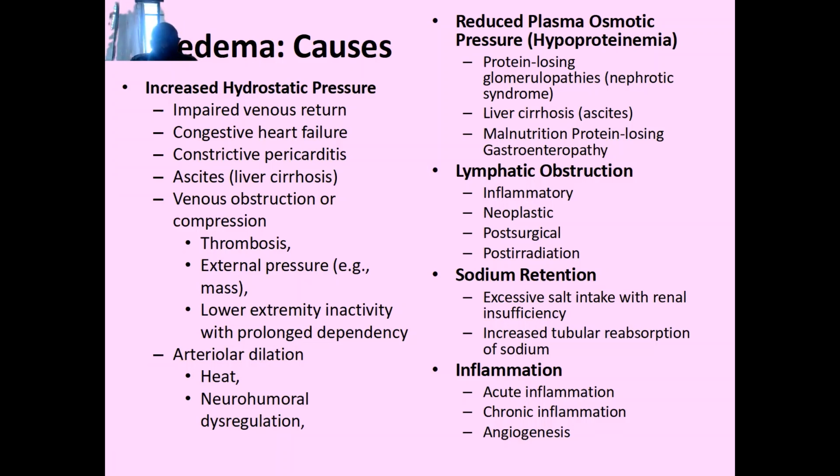If there is lower extremity inactivity with prolonged dependency, for example, if the varicose veins are weak, they cannot ensure the blood flows back.